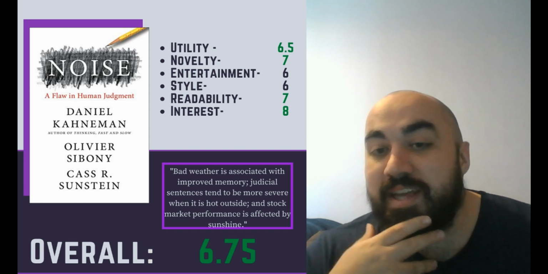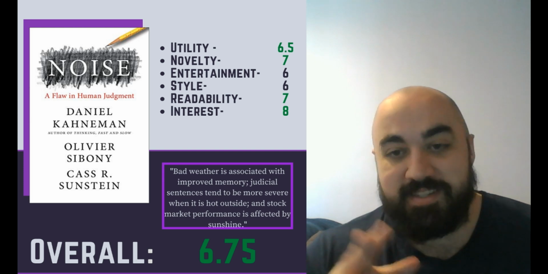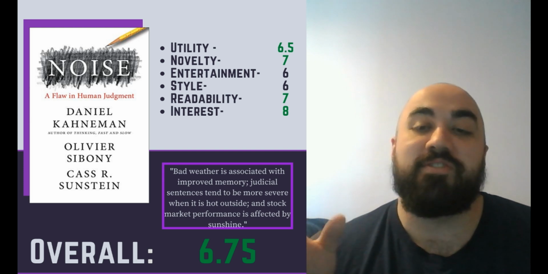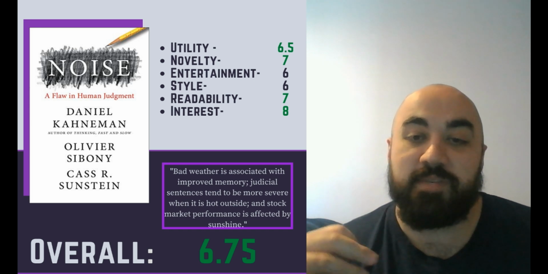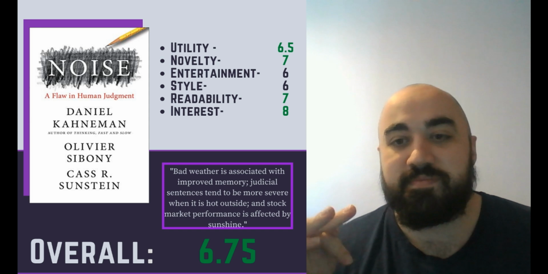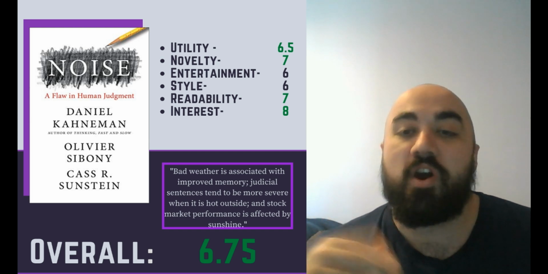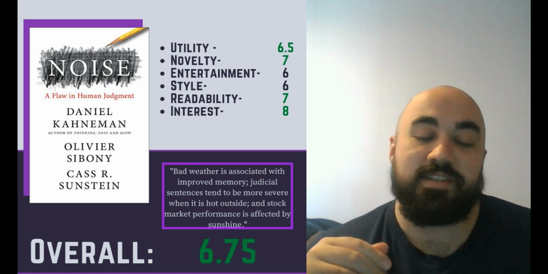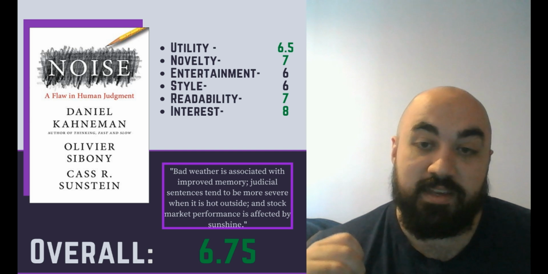Okay, so for novelty, I give it a 7. I think a lot of people are aware of bias, but they're less aware of noise as a factor of impeding judgments or making bad judgments. But noise is very much a factor, just as bias is. It's just harder to see because in the averages, noise disappears entirely.